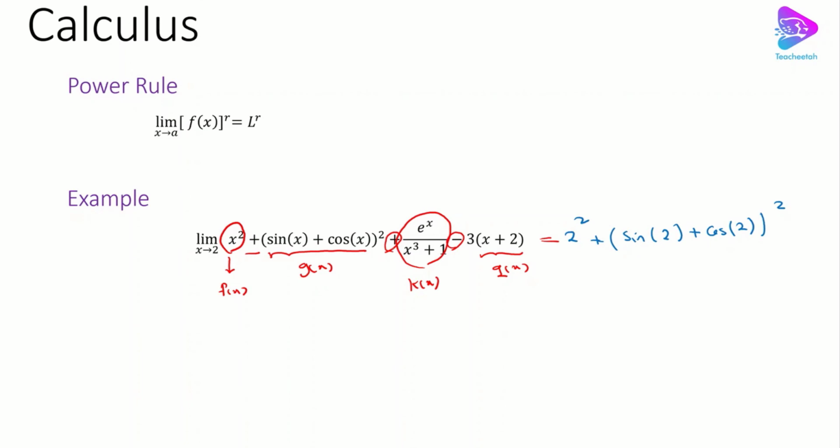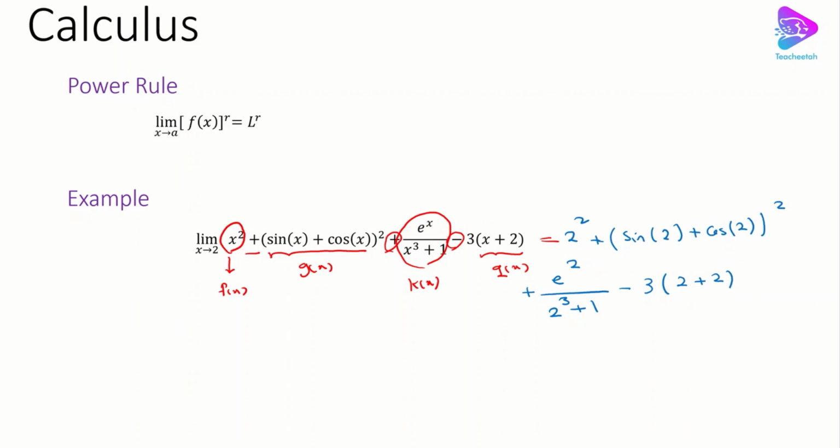Again we have the summation rule, e to the power of 2 over 2 to the power of 3 plus 1, and then the difference rule, the negative sign, minus 3 times the function with 2 plugged in.